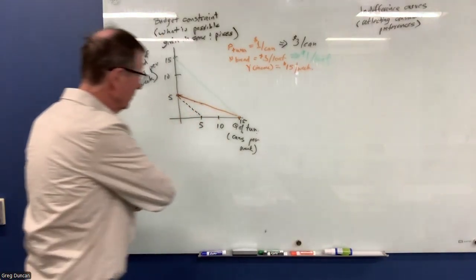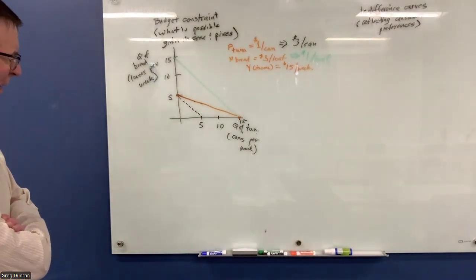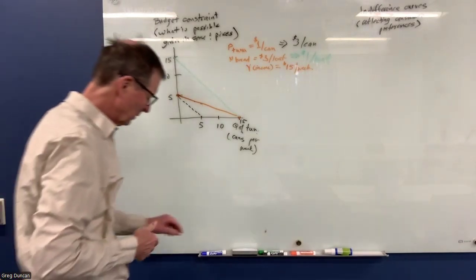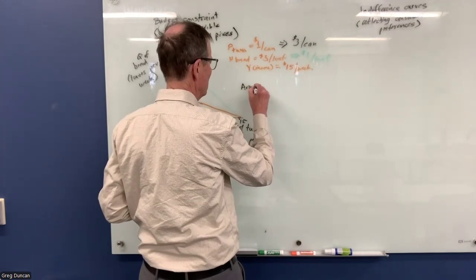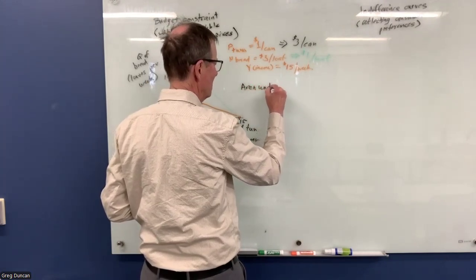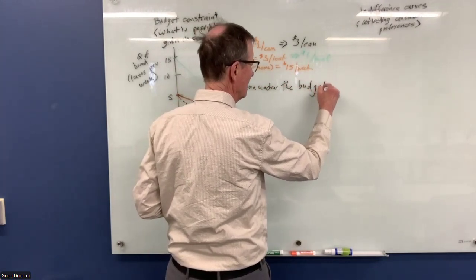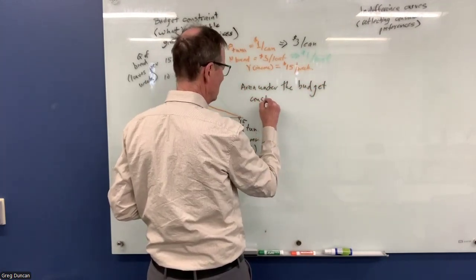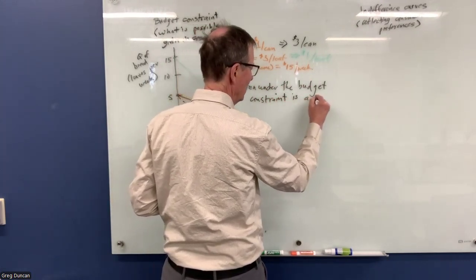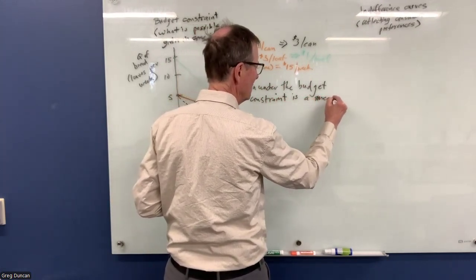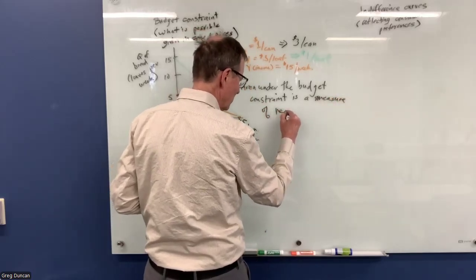But what's important to think about is that the area under the budget constraint is a measure of real income.